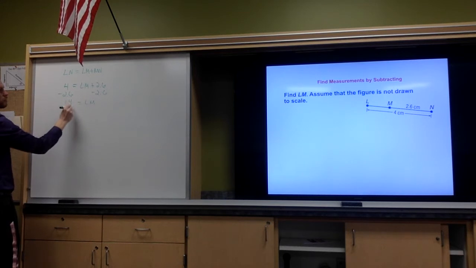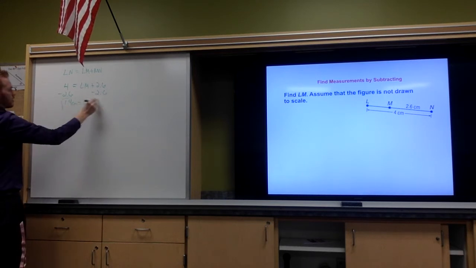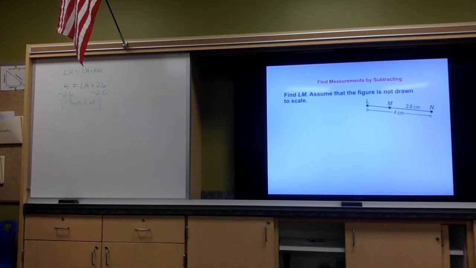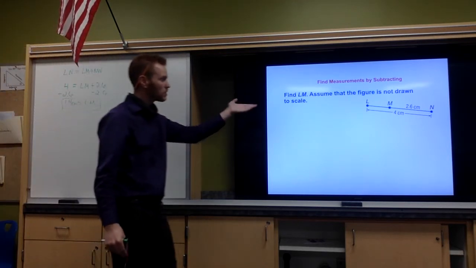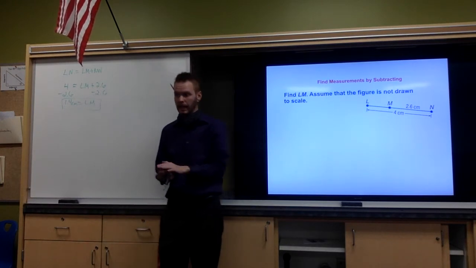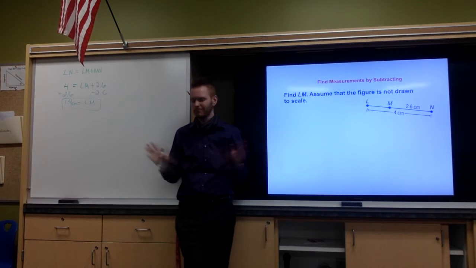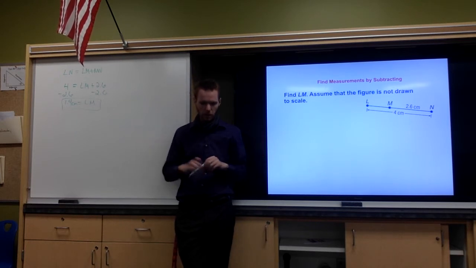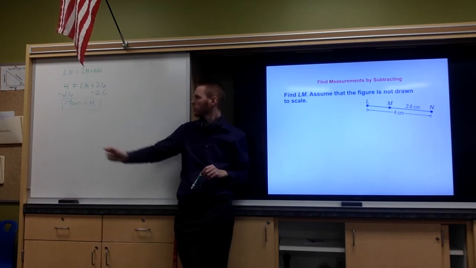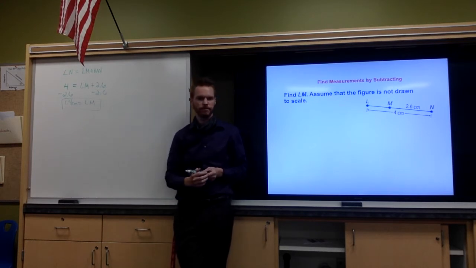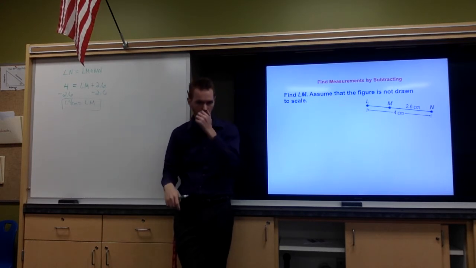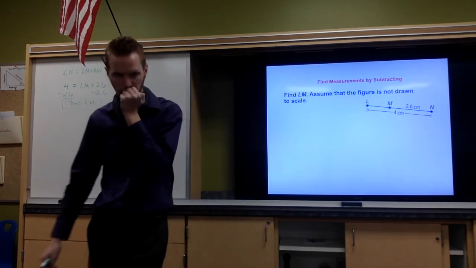So we get 1.4 centimeters for our final answer after we subtract. Once again, yeah, I know. Could you subtract those and get your answer faster? Absolutely, and that's fine. You're going to be able to do that when you're practicing this. But just for your notes, try and write the equation out. Just get used to writing the symbols. That's all I'm asking.